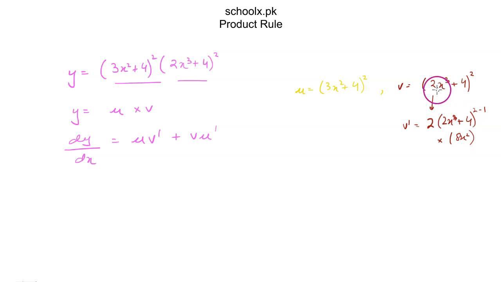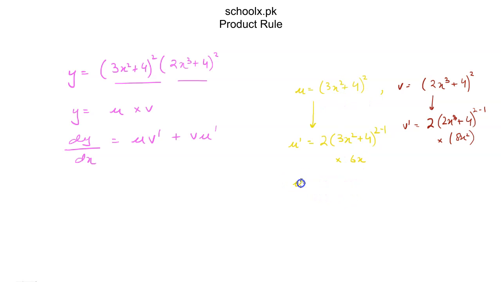The derivative of 2x cubed plus 4 is only 8x squared plus 0. Alright, from this I need to find the derivative of u. So the derivative of u will be the same way, differentiating the outer power into the derivative of the inside function. So that is 6x, right? The derivative of 3x squared plus 4 is only 6x plus 0, right?